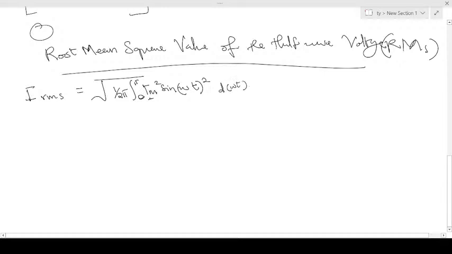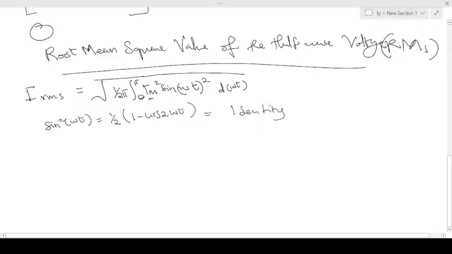First, we are going to have to simplify what's inside the square root. You know that sine square of omega t is also half of 1 minus cos 2 omega t. It's an identity.